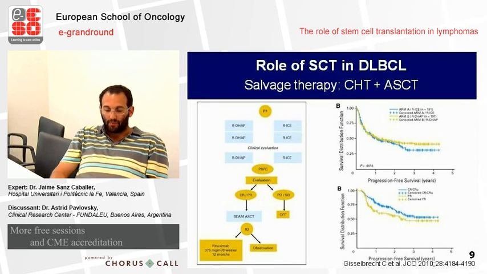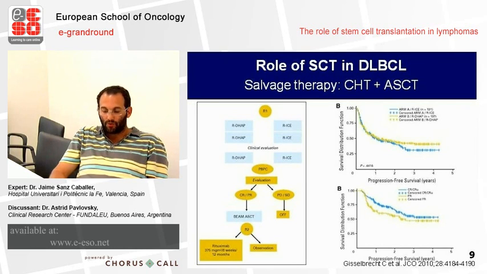What should we expect from the salvage chemotherapy followed by autologous transplant in the rituximab era? Much of the information can be drawn from the CORAL trial that compared rituximab, ifosfamide, etoposide, and carboplatin, the R-ICE regimen, with rituximab, dexamethasone, cytarabine, and cisplatin, the R-DHAP regimen, for patients with relapsed and primary refractory diffuse large B-cell lymphoma.